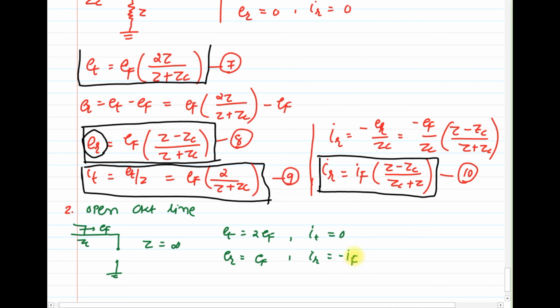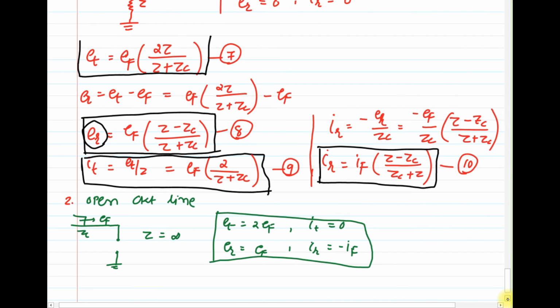Just verify it by yourself by considering the open circuit line. If the line is open circuit, the value of Z will become infinite. So substitute Z equal to infinite, then you will get all the values of ET, IT, ER and IR as written over here.